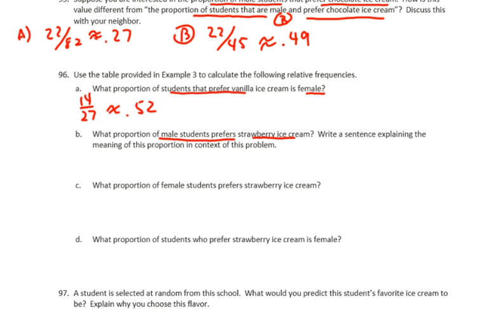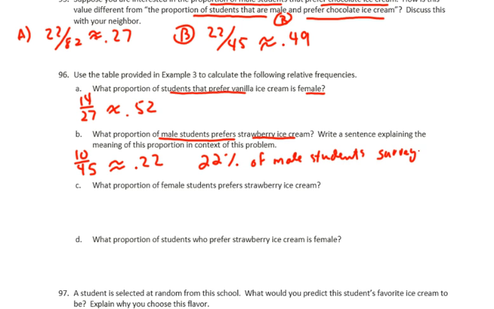There's 45 male and 10 of them prefer strawberry. So 10 out of 45 is approximately 0.22. And then it says, write a sentence explaining the meaning of this proportion. 22% of male students surveyed prefer strawberry ice cream.